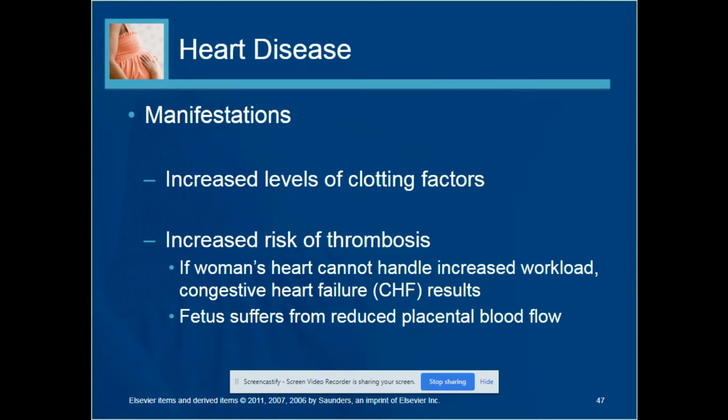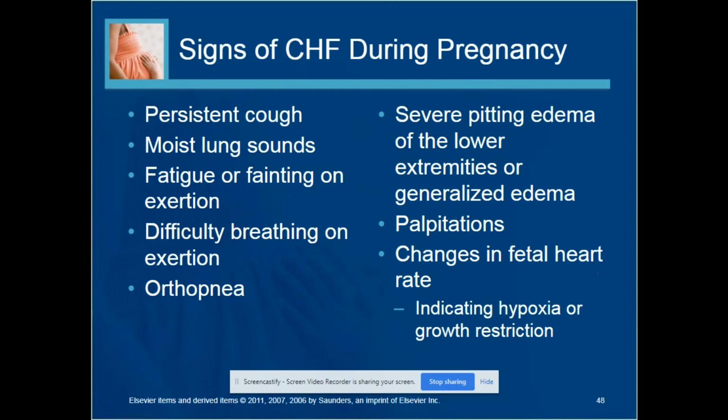Manifestations of heart disease in pregnancy include increased levels of clotting factors, so that increases the risk of thrombosis. If a woman's heart can't handle the increased workload, because remember they have that increased like 5,000 mLs of fluid, heart failure can result. The fetus will suffer from reduced placental blood flow.